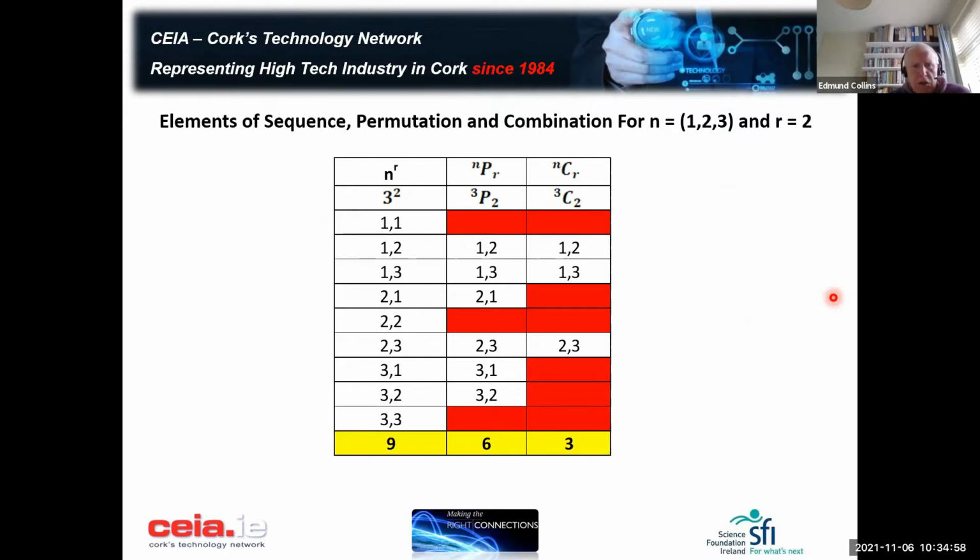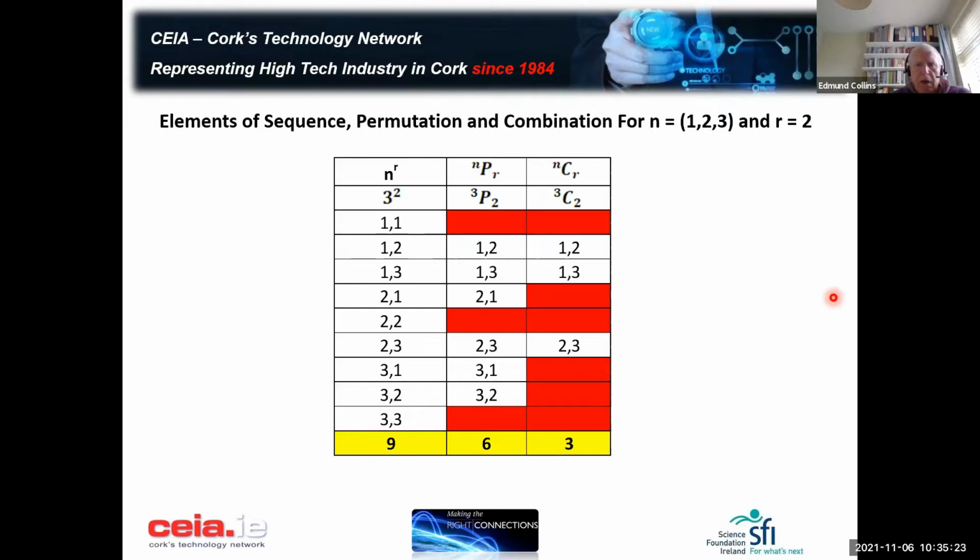So we now look at a summary here of what we've been talking about in relation to sequences, permutations, and combinations for a set of numbers 1, 2, 3. So n is that set 1, 2, 3, and r is 2.